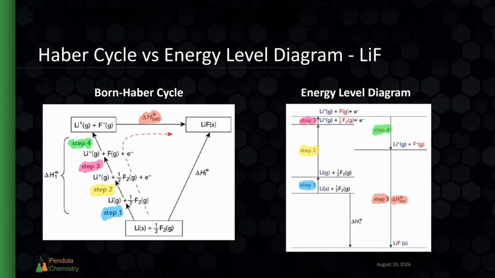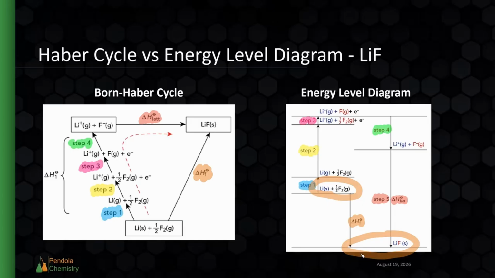And then finally, and I'm running out of colors, we have the enthalpy change of formation here. That's the same enthalpy change of formation we have here, going from the elements in their elemental form to the solid ionic compound. That's right here, going from the elements to this line, which represents the solid ionic compound. So it's the exact same thing.